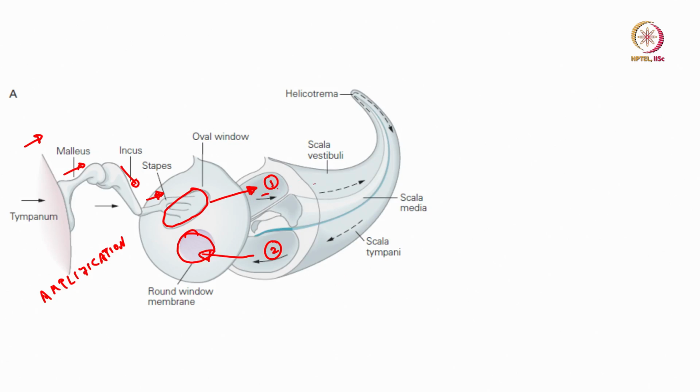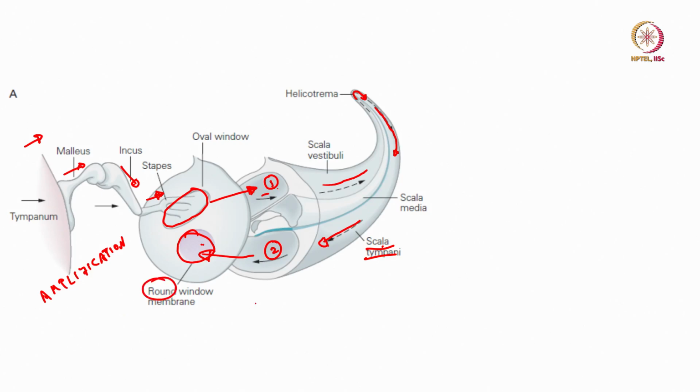It goes through the Scala vestibuli up to the apex, where it continues on the other side. That is what I meant by it being one single cavity, though called the Scala tympani. Through there it goes way back over here and impinges onto the round window.